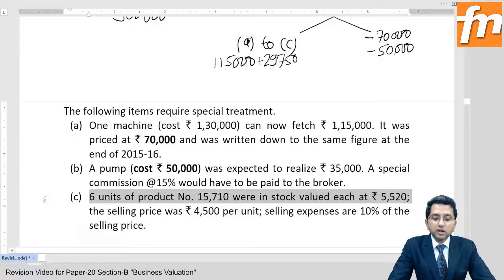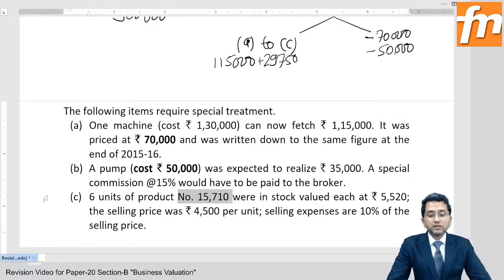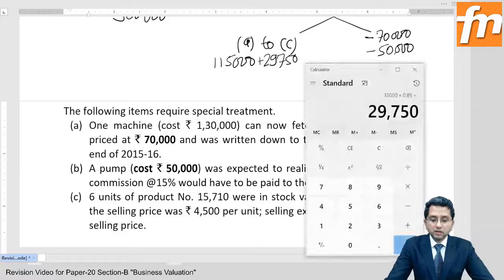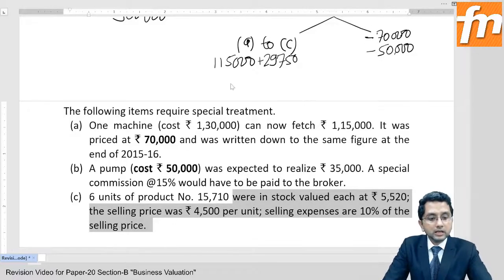Now 6 units of product number 15710. This is not an amount, this is the item code. 6 units of product number 15710 were in stock valued at rupees 5520 each. Okay. So 5520 into 6 is 33120. I need to deduct 33120 from the book value. Selling price is just 4,500.